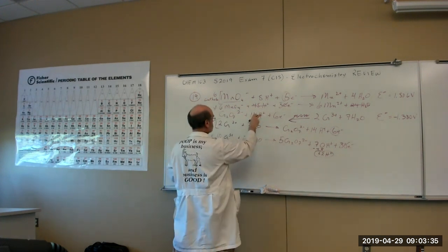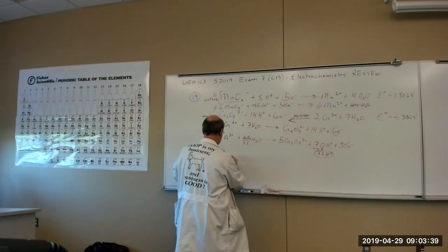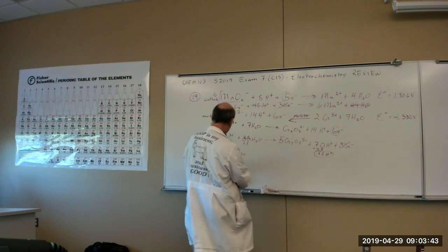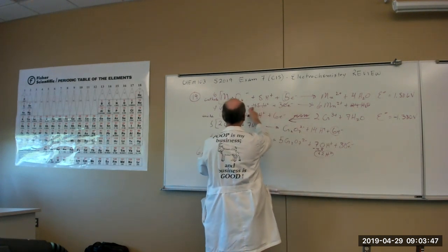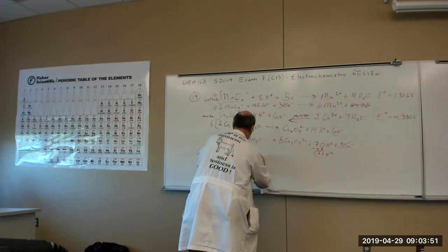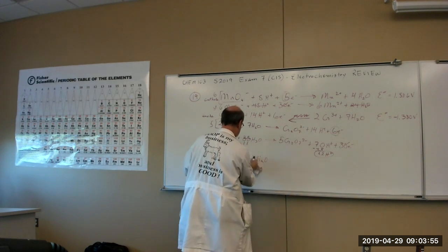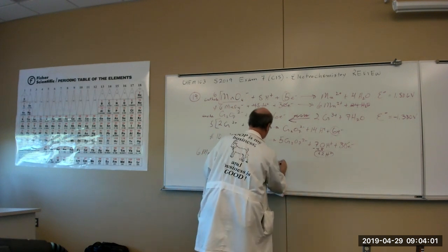Let's see, manganate and 10 chromium 3 plus, and we got nothing left over here, but we do have 11 waters here. Okay.